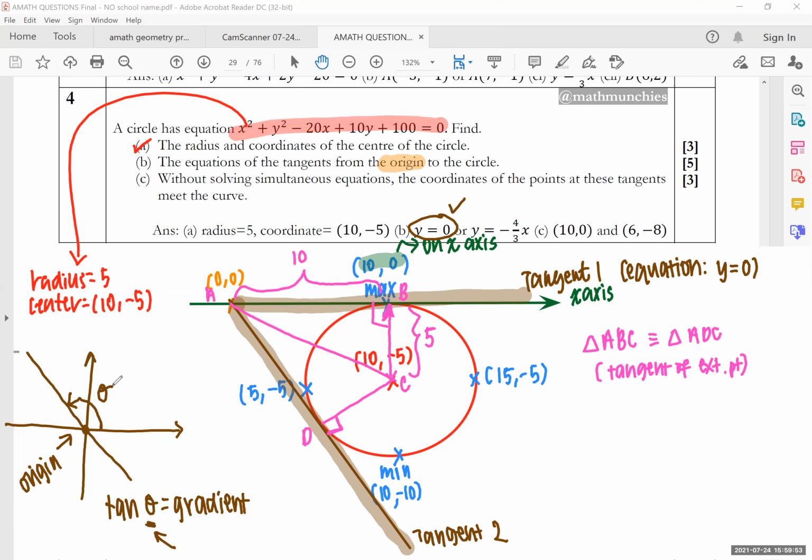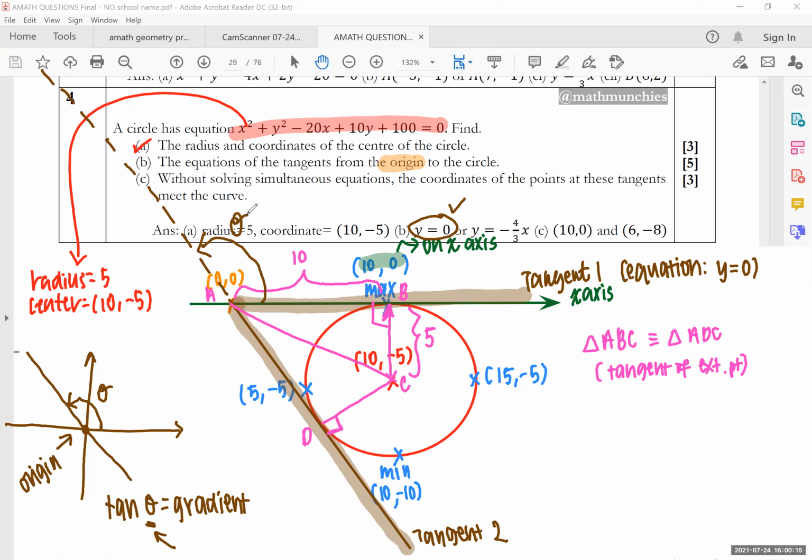So for this question, here I'm going to extend. This is my origin. This part here, from my x-axis to my diagonal line, is my theta.